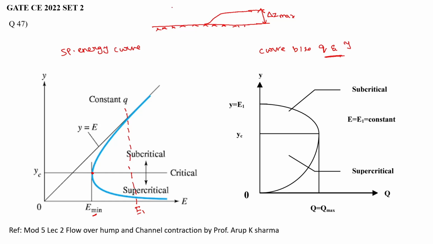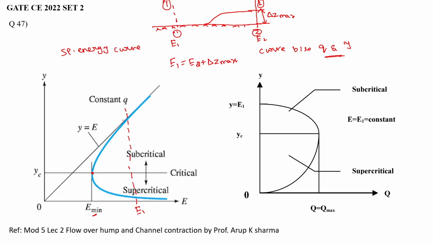This is section 1, and this is section 2, where z equals z max. This is E1 and this is E2. According to the specific energy principle, E1 equals E2 plus delta z max at section 2.